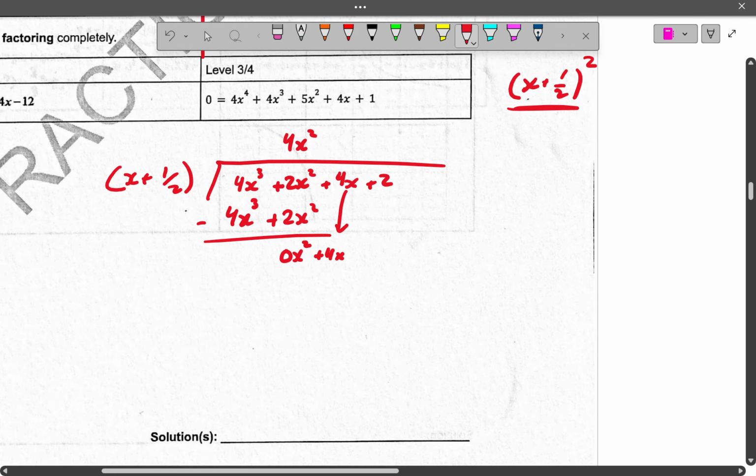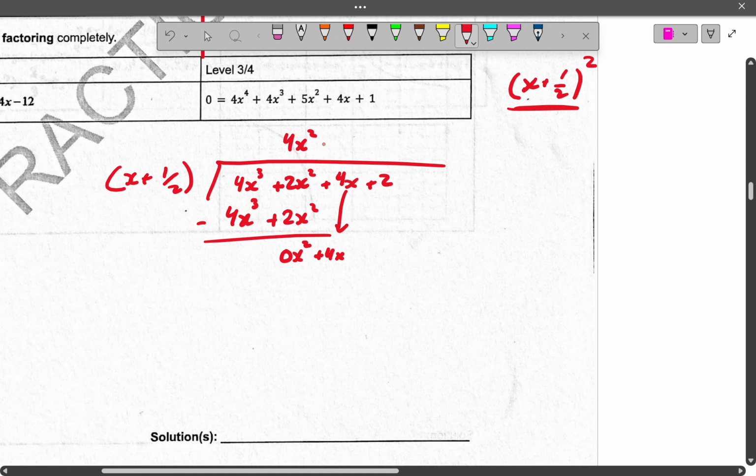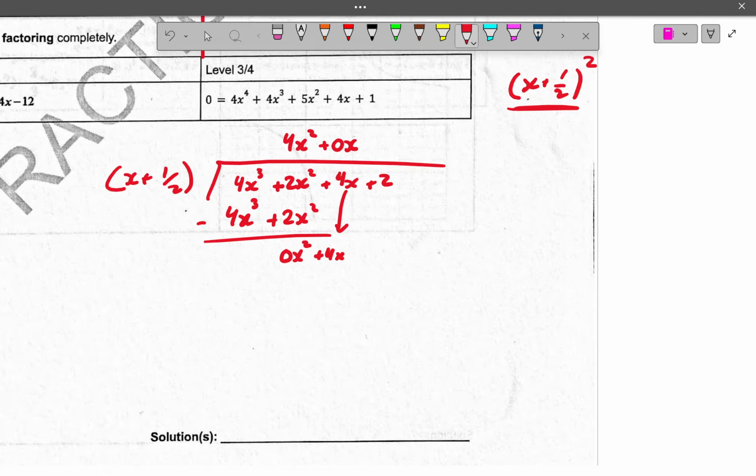We get 0x squared. And then you can ask yourself, how do I get 0x squared to cancel out? I'm going to just need a 0 here. So I'm going to do plus 0x. 0x times 0 times x, so it's going to be 0x squared. And then anything times 0 will just give me 0x there. So I get 0, I get 4x, and then plus 2.